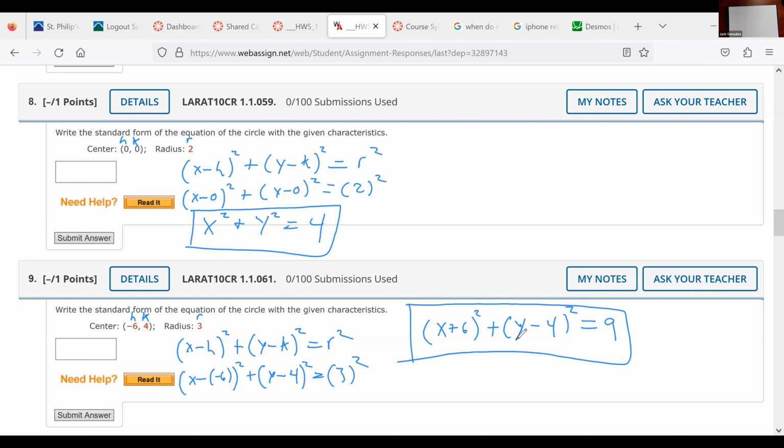Okay. The hard part is when you have to complete the square in order to find the standard form. The easy part is when you just plug it into the formula and you're good. So this is not too bad, I hope. The harder part is I think coming up next.